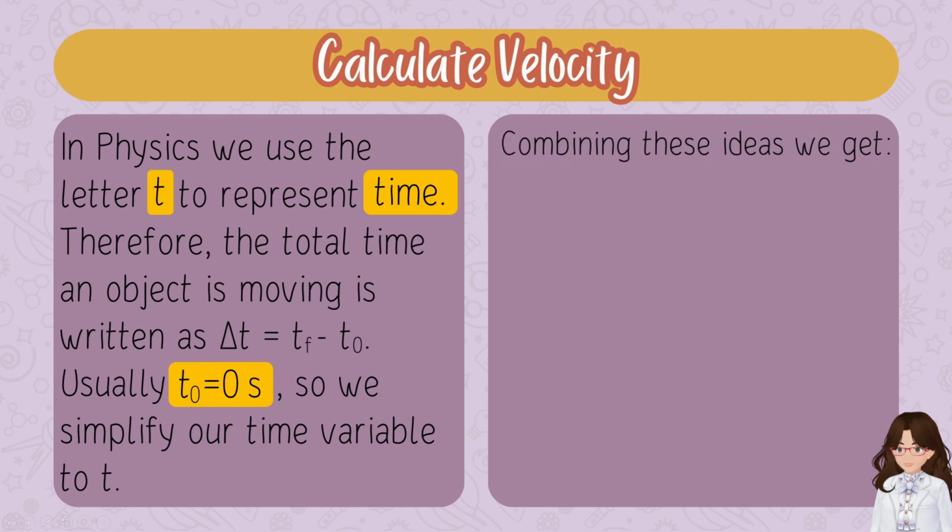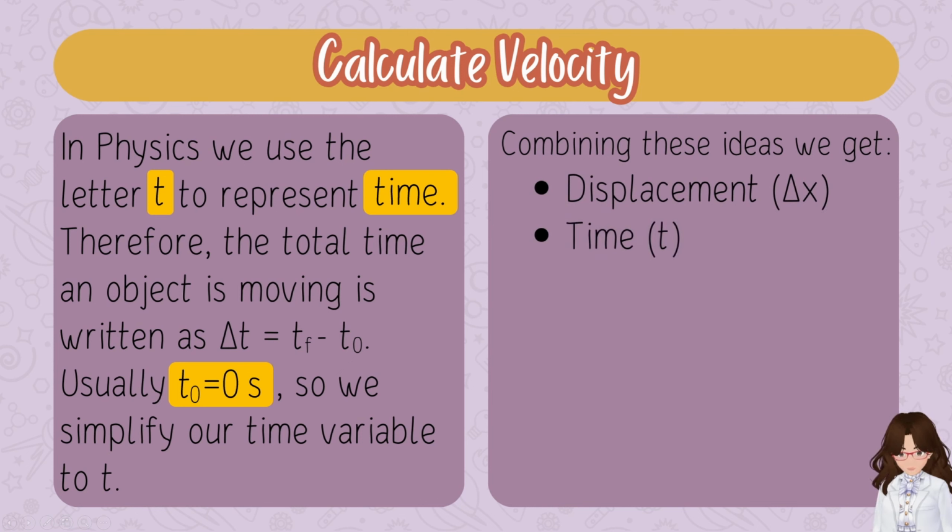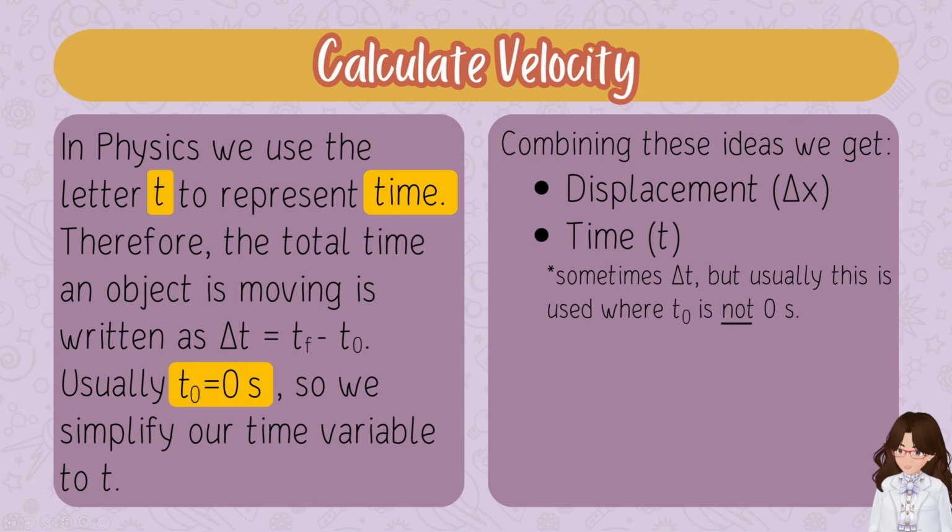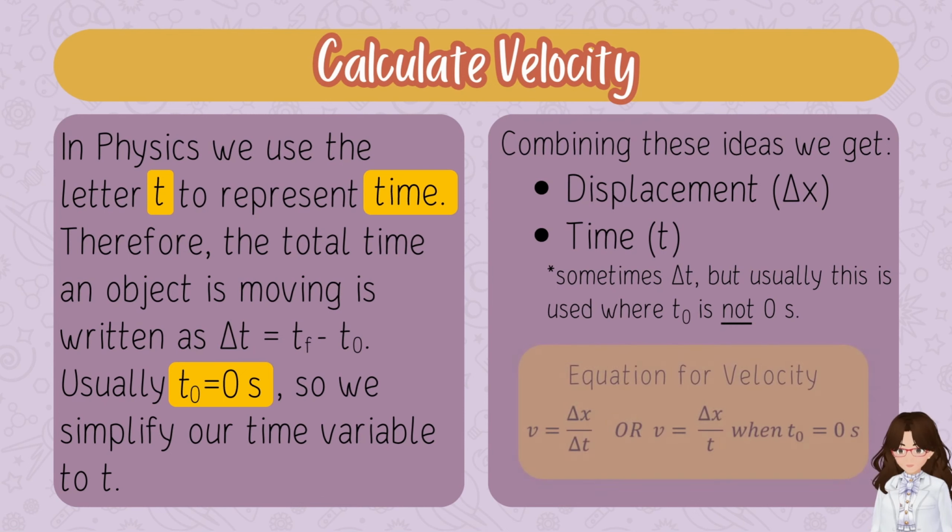Combining these ideas, we get displacement, delta x, time is t. Again, sometimes it's delta t, but oftentimes this happens when you're looking either at a time graph or at lab data. So your equation will be delta x divided by delta t, or delta x divided by t when t naught is 0 seconds.